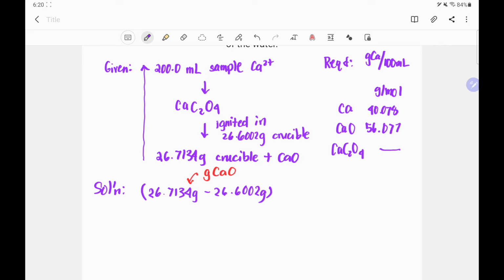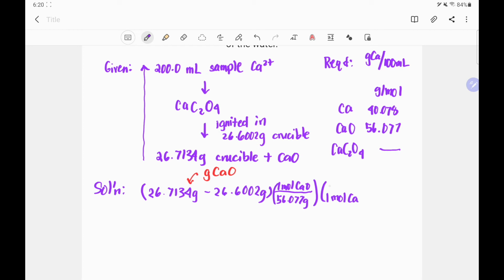Now we have grams of calcium oxide, and since we want grams of calcium, we can just do basic stoichiometry. We know that there are 56.077 grams of calcium oxide in 1 mole of calcium oxide. Since we're looking at calcium, let's track down how the calcium is converted.